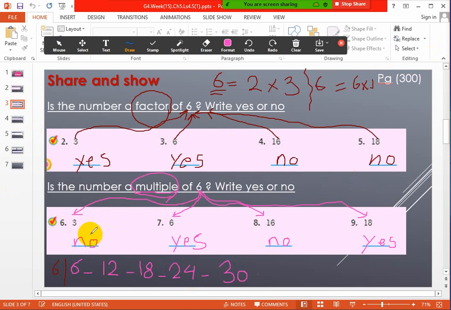Look, Nura, you asked me why we said no in number 6. Because I want to find the multiple. That means, if you have any number, you can multiply it by 6 and the answer will be 3, in the multiplication table.